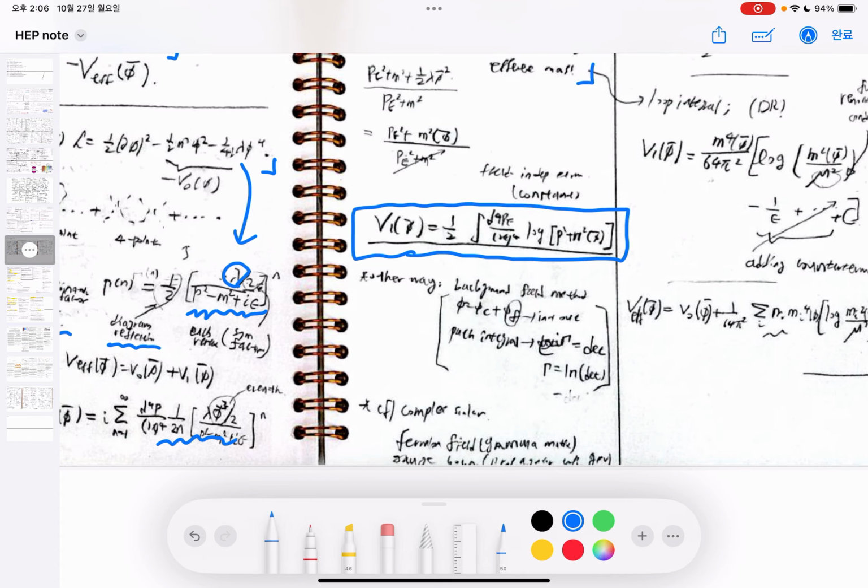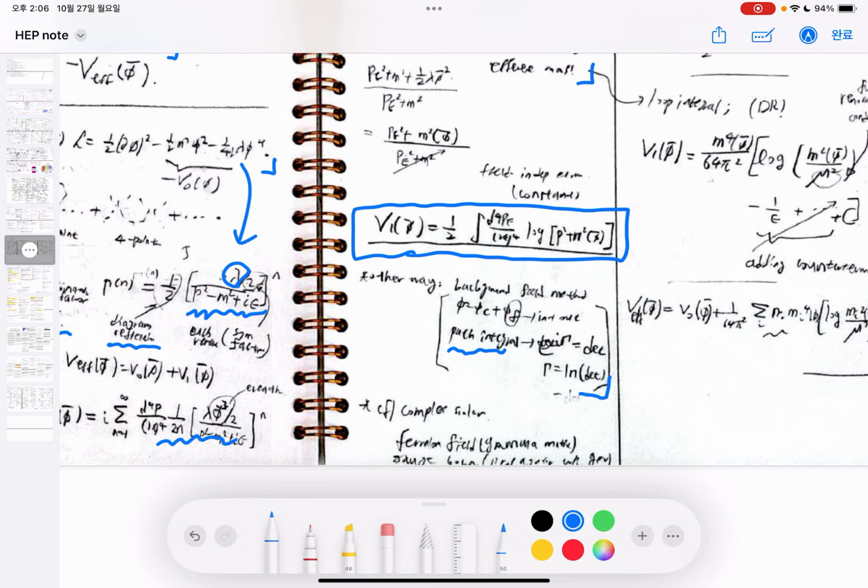Also, this can be obtained by the path integral formulation using the background field method, so that the fluctuating fast oscillating field is integrated out, and the effective action can be directly calculated with the Gaussian integral, using the determinant of the quadratic matrix.